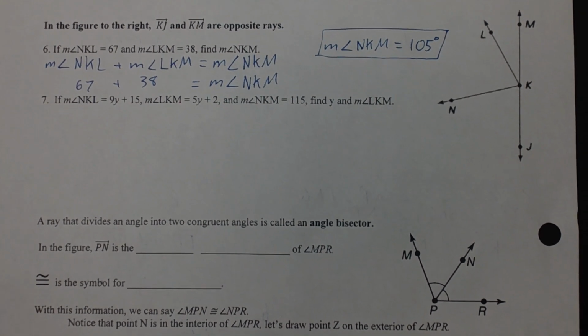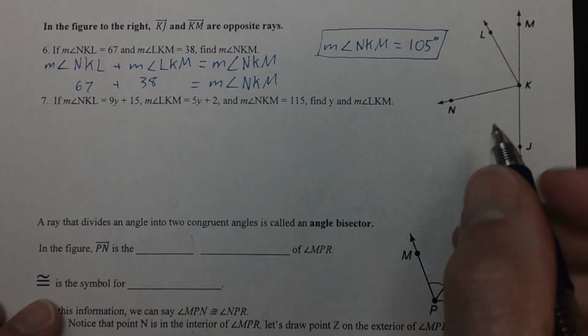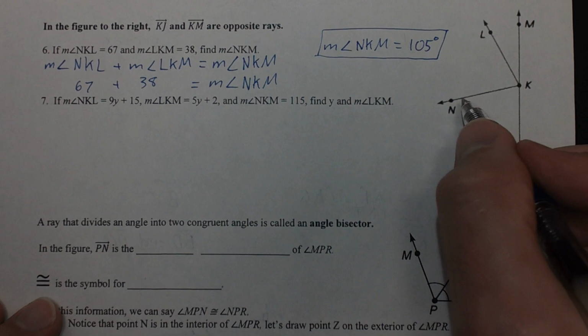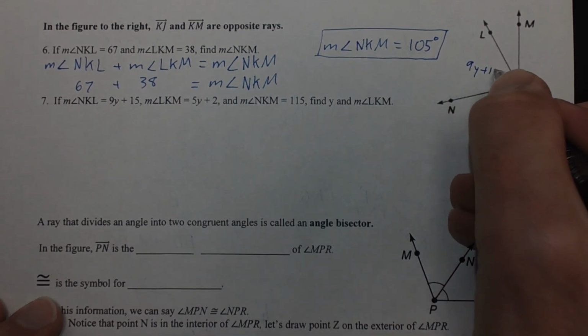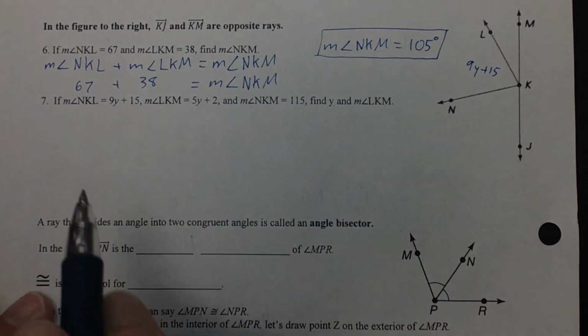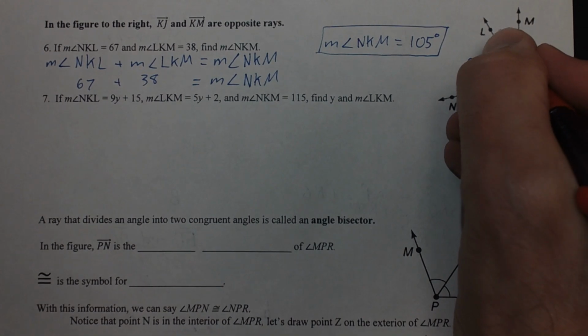Number 7 is the last time we're going to use this figure, so I'm going to go ahead and mark it up a little bit more. If this time the measure of angle NKL is 9y plus 15, I'm going to say that's 9y plus 15. And the measure of angle LKM is 5y plus 2.